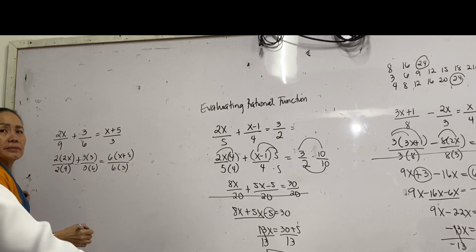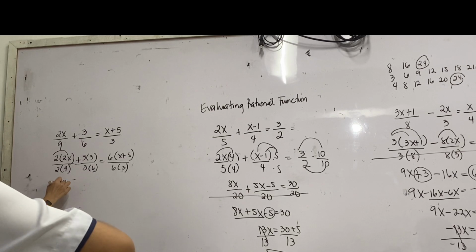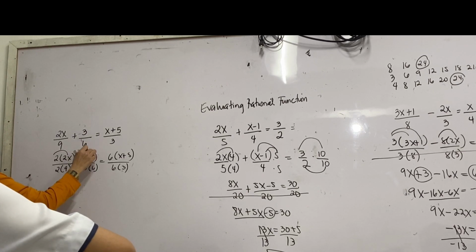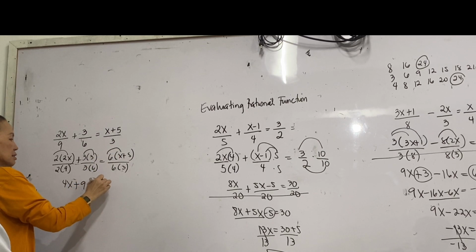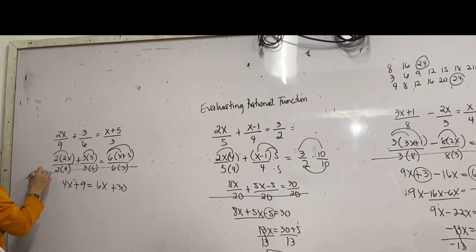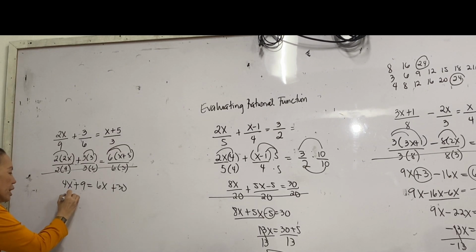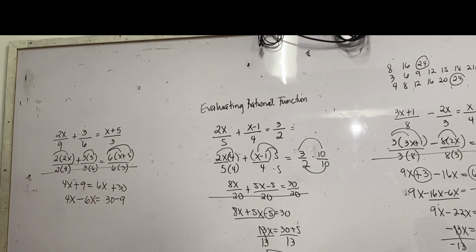Nasusundan? So we have 2 times 2x, 4x, plus 3 times 3, 9, equals 6x plus 30. Pare-pareho na 18, out. Okay, and then 4x, lipat ito minus 6x, 30 minus 9.